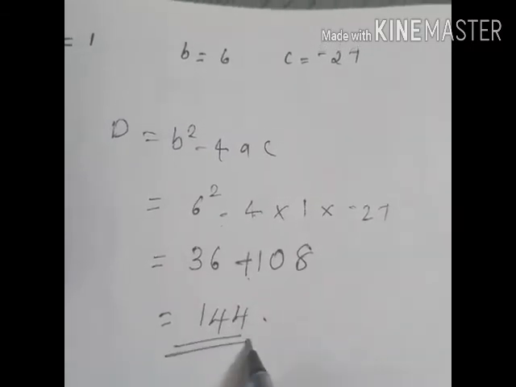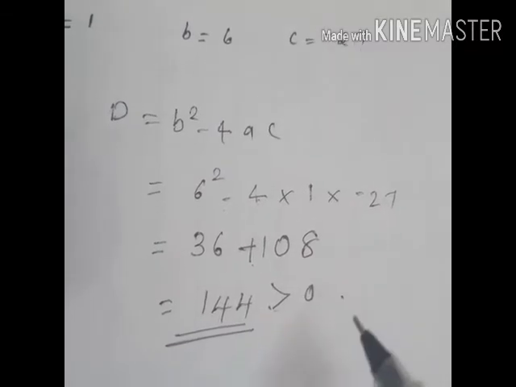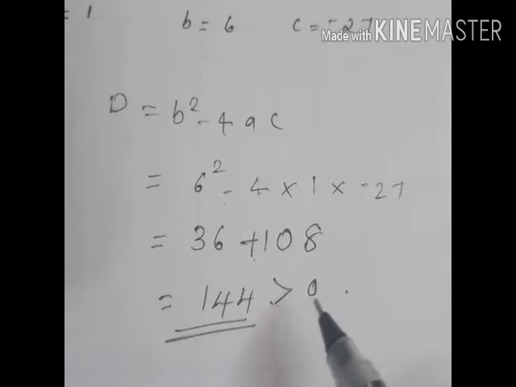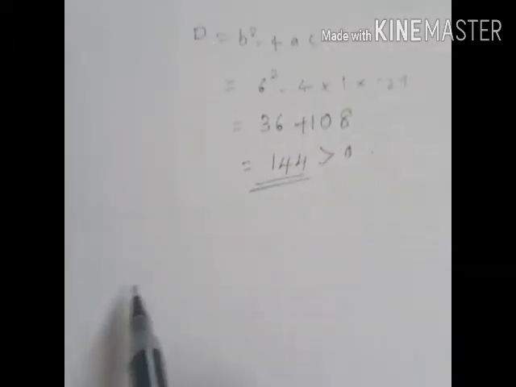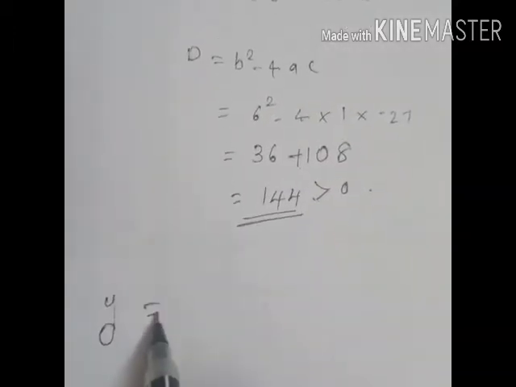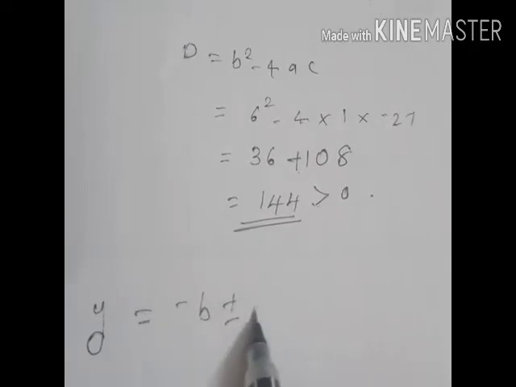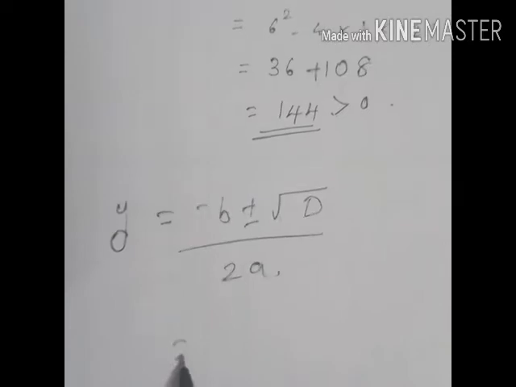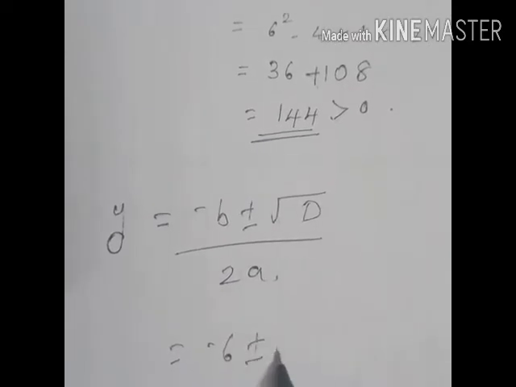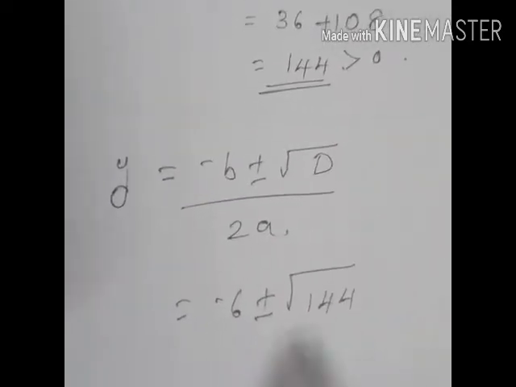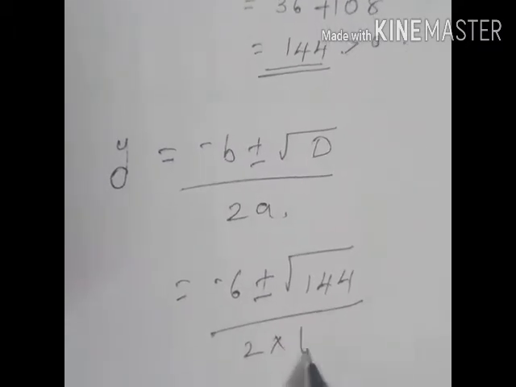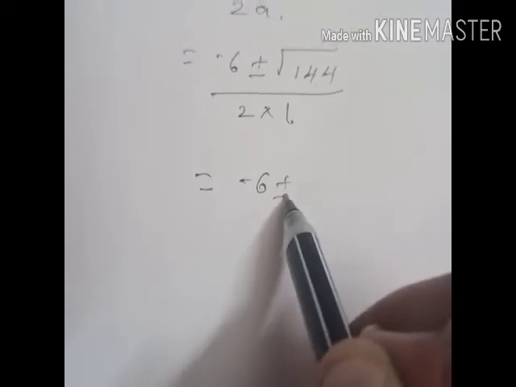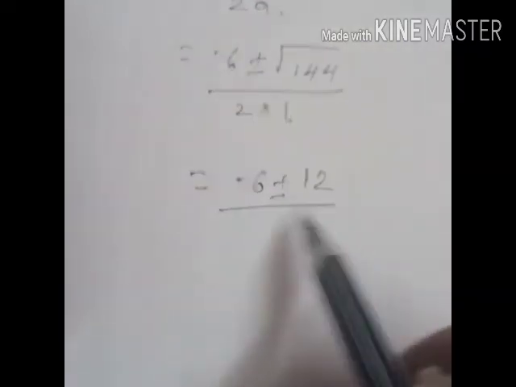Here the discriminant is greater than 0, so there will be 2 roots. Then how do we get the value of y? y equals negative b plus or minus root D by 2a. That is equal to negative 6 plus or minus root 144 by 2 into 1, which is negative 6 plus or minus 12 by 2.